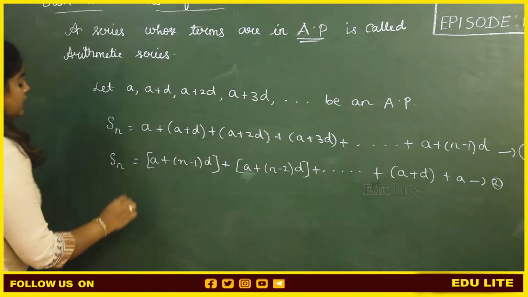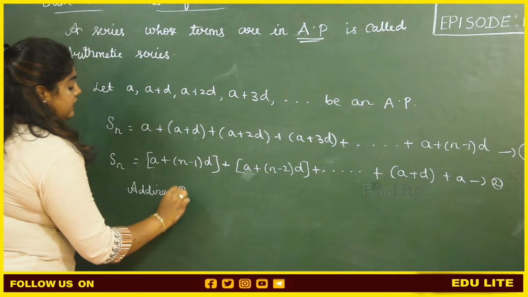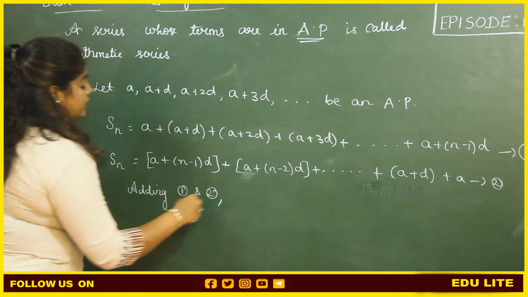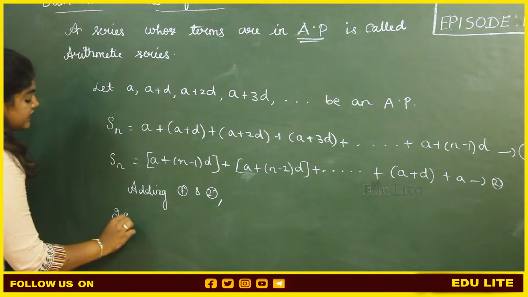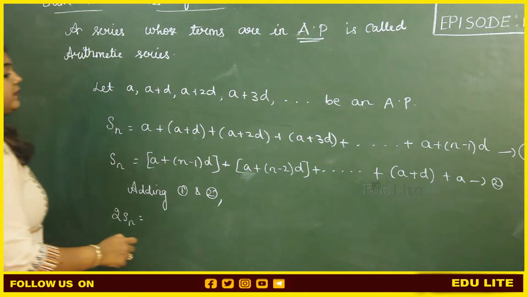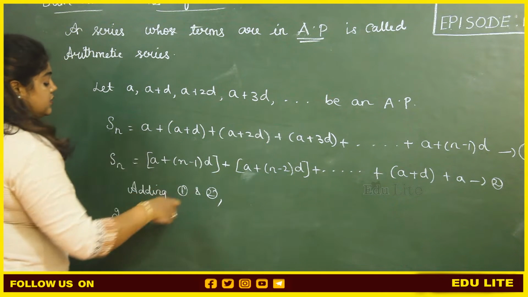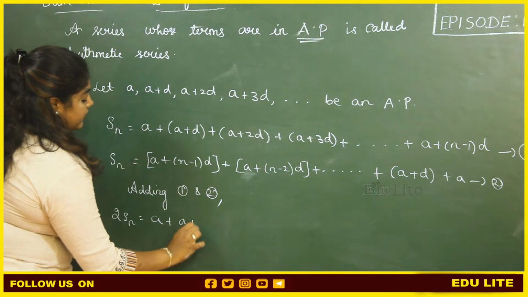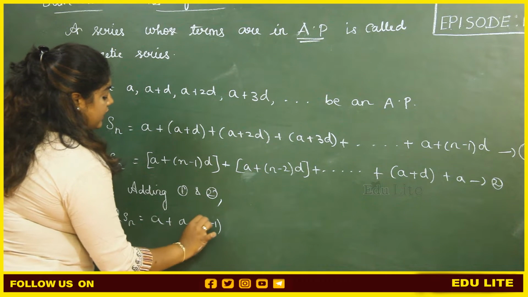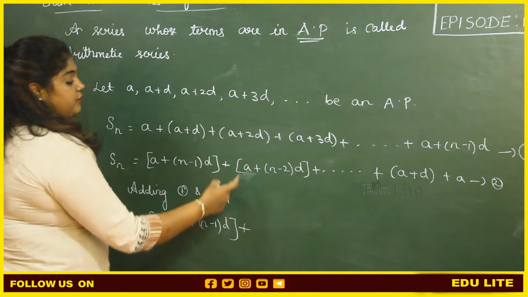Now, we are going to add equations 1 and 2. Therefore, adding 1 and 2, on the left hand side Sn plus Sn will become 2Sn, and on the right hand side we will add the first terms of equations 1 and 2. So, A plus A plus (n minus 1) into D. Next, the second terms of both the equations.